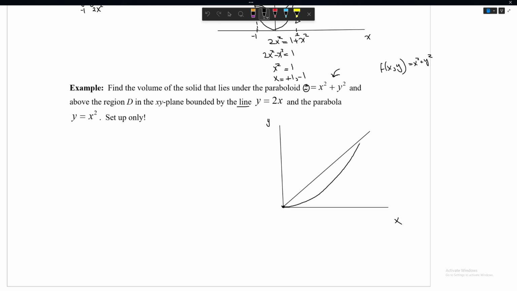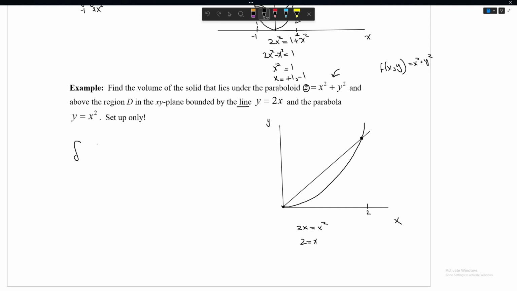A parabola starts like this and goes up, and they will meet somewhere. If we want to know where they meet, 2x = x squared. Now you just isolate: divide by x, divide by 2, and you'll get x = 2, and that's your second bound.